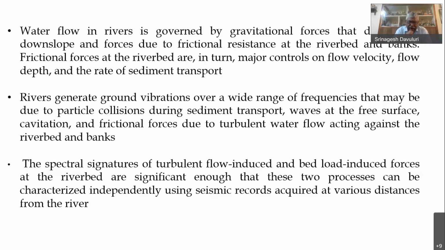So the rivers generate ground vibrations over a wide range of frequencies, and that is how seismology had come into play. That may be due to particle collisions during sediment transport, waves at the free surface, cavitation, and frictional flows due to turbulent water flow acting against the riverbed and bank. Because you will see many times when there's a flood, 10 meters per second, 8 meters per second, at those velocities, the water flows at very high speeds.